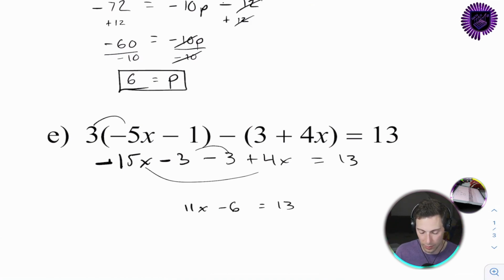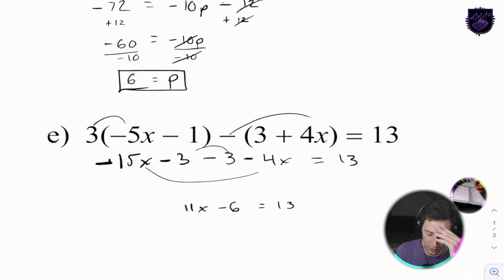Oh, interesting. This should be a subtract 4, because this gets distributed. Funny. Subtract 4, so that's negative 19.